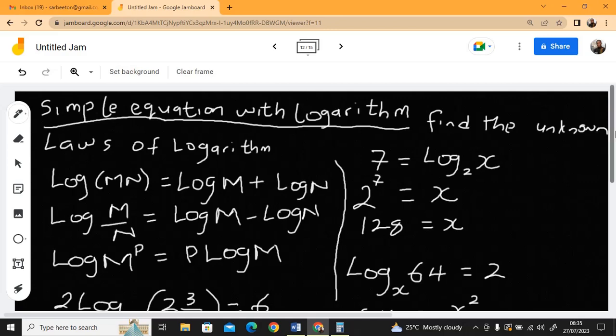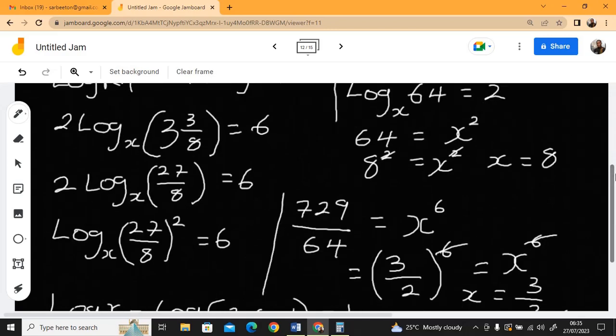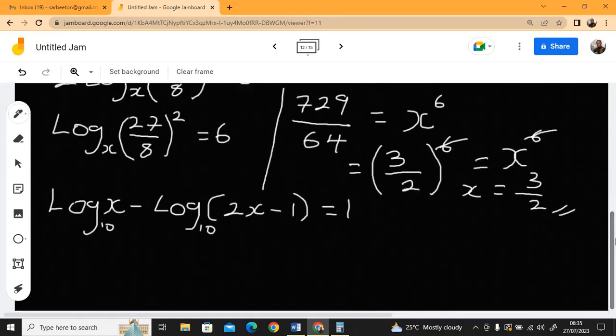So I can combine these two values in logarithm form. They have the same base, log base 10. So using the laws, minus means division, so I can say log x over 2x minus 1 equals 1.